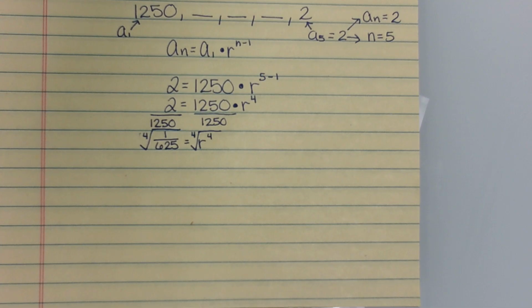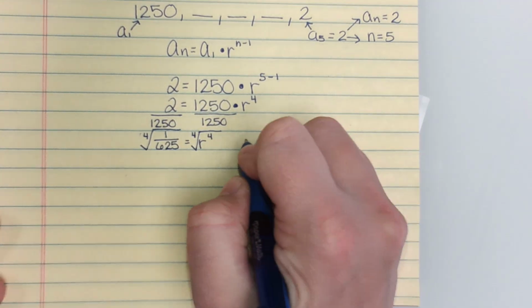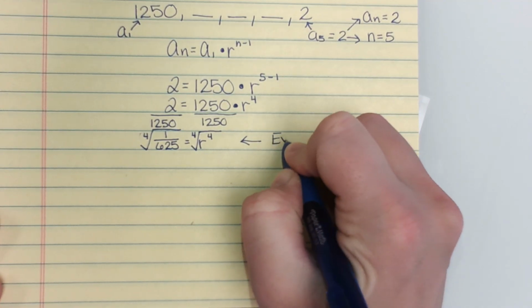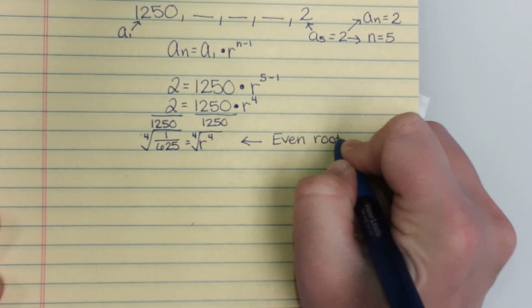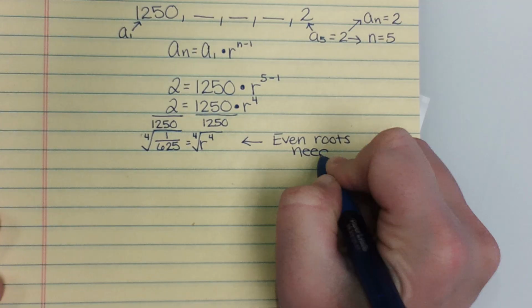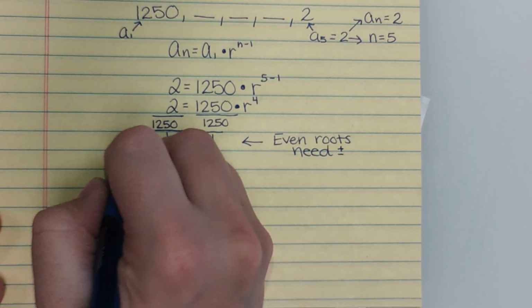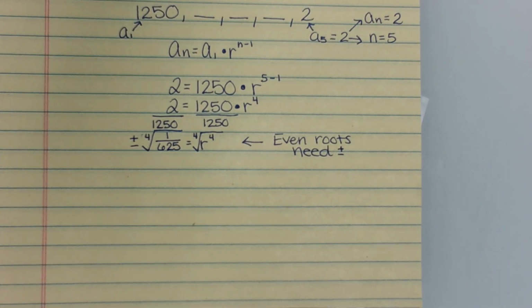Okay, in short, when you have an even root, they need the plus or minus. So I put the plus or minus in front of the plain number.